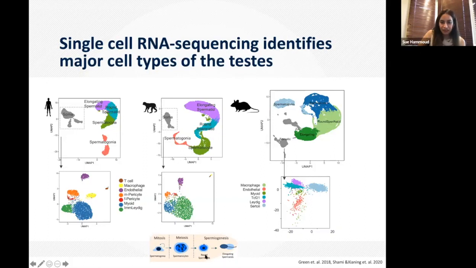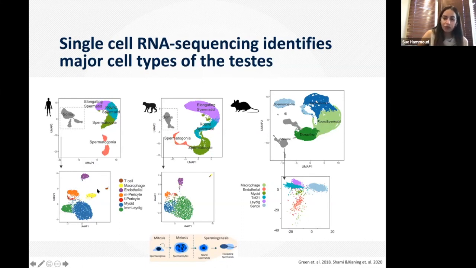Round and elongating spermatids are the ones undergoing morphological changes, or terminal differentiation. And then you have this cluster of cells, which I'm shading in gray in all three species. These tend to be the somatic cells, which are quite distinct from the germ cell populations. But if you do reclustering of these somatic cells, you can identify a large number of different somatic cell types present within the testes.